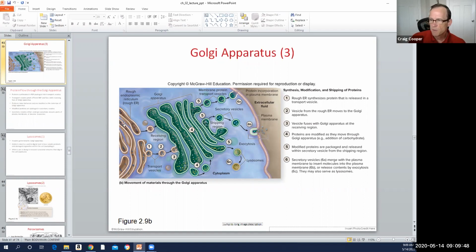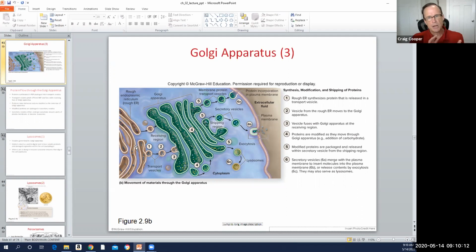If we look at the left edge of this picture, we've got the rough endoplasmic reticulum. That rough endoplasmic reticulum has been making its protein, whether that's a hormone, an enzyme, or some structural protein that's going to give some part of the body a shape or rigidity. It's produced not in its final form.